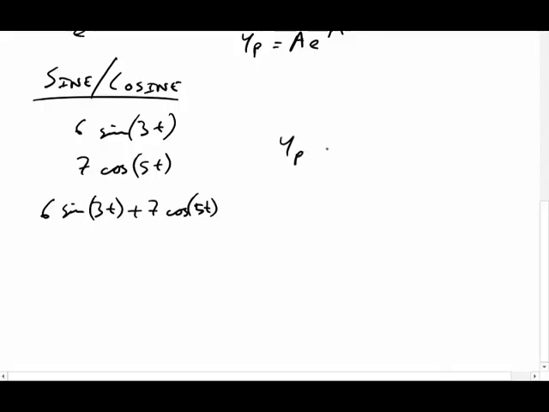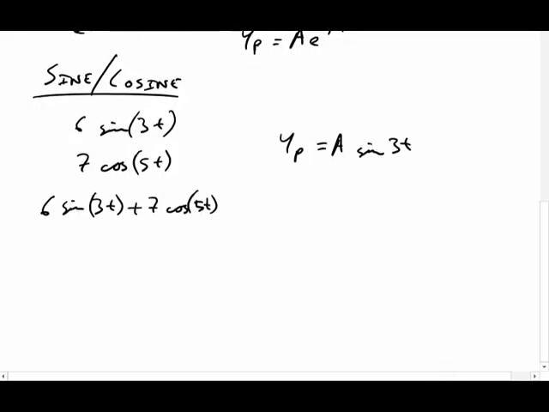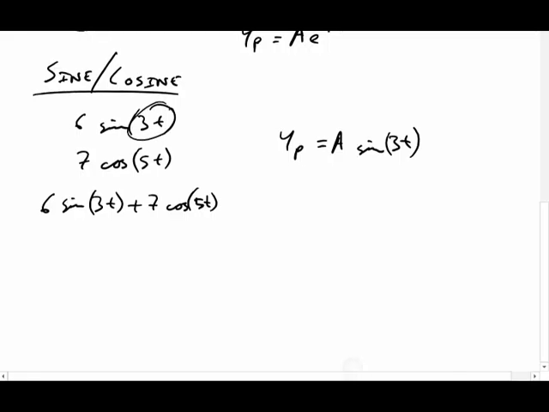The particular solution you'll try is some constant times cosine of what's inside the brackets. So cosine in this case of 5t. If you want to write sine first, actually, because that's how I've been writing it so far, so sine of 3t, it doesn't matter what order you add them in. So that's sine of 3t plus some constant times cosine of 5t.